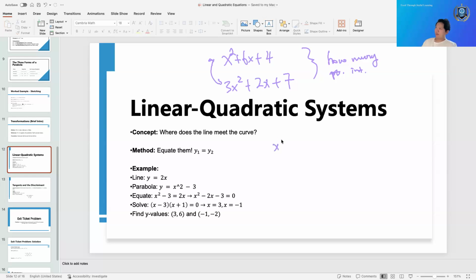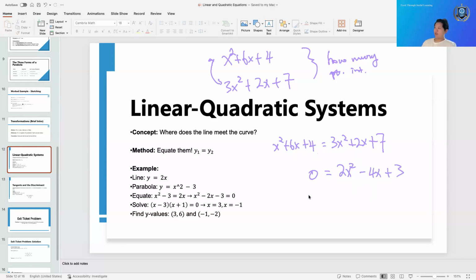Equating them, I will have x squared plus 6x plus 4 equals 3x squared plus 2x plus 7. Now, my goal is to make one side 0, so I could apply either the quadratic formula or just take a look at my discriminant. Moving them to the same side, I have 0 equals 2x squared minus 4x plus 3.